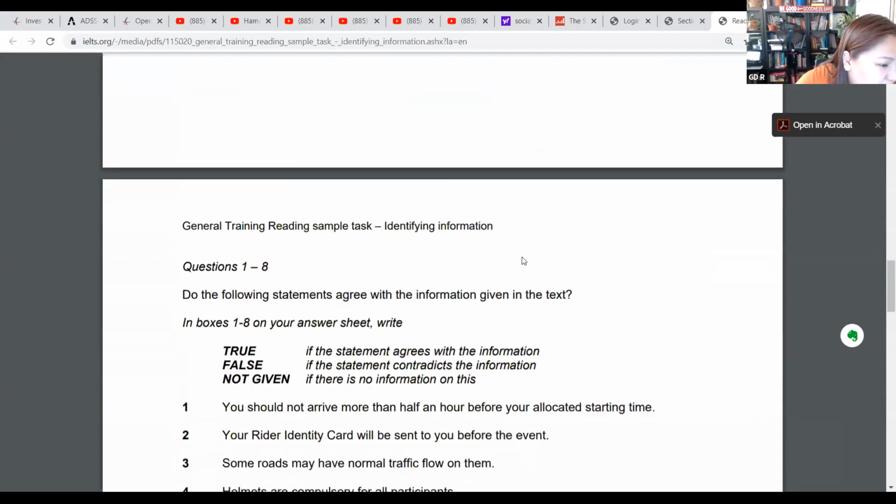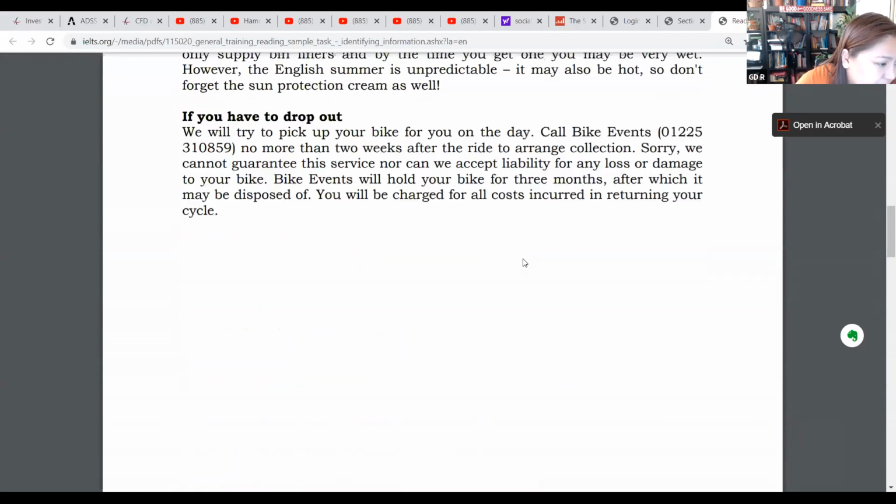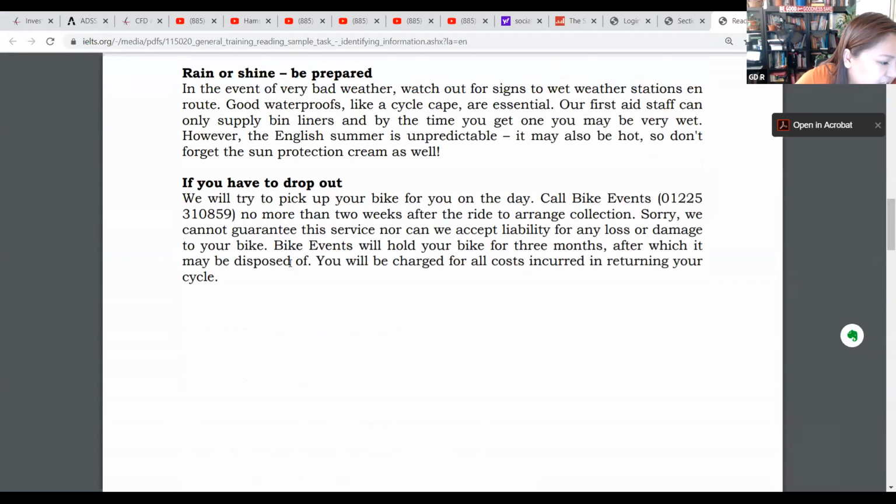So let's go up regarding the return of bikes. It's only here. If we will try to pick your bike for you on the day, call bike events no more than 2 weeks after the ride to arrange collection. Sorry, we cannot guarantee this service, nor can we accept liability for any loss or damage to your bike. Bike events will hold your bike for 3 months, after which it may be disposed of.